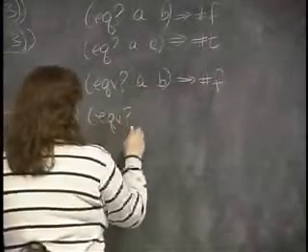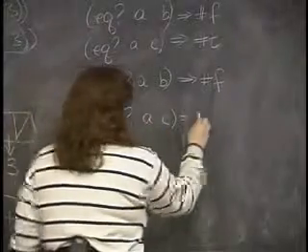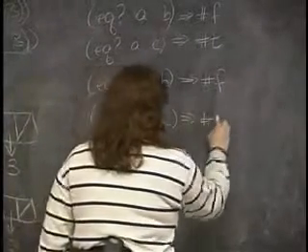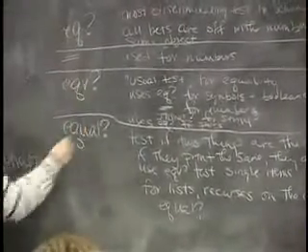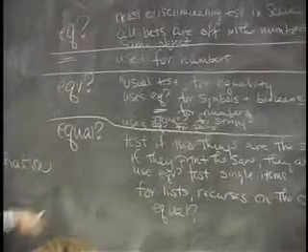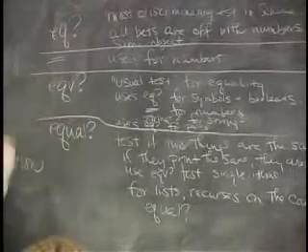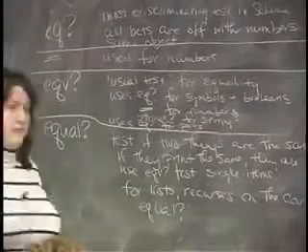But will A and C be EQV? If something passes EQ as a test, it's going to pass EQV and equal. If it passes equal, we know nothing about whether it's going to pass EQV or EQ. So it goes one direction, not the other.